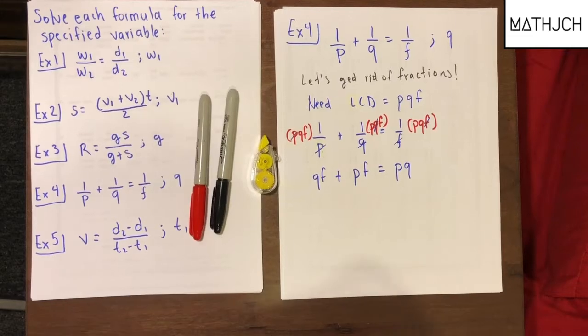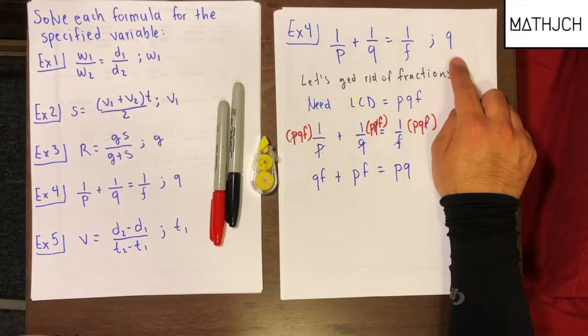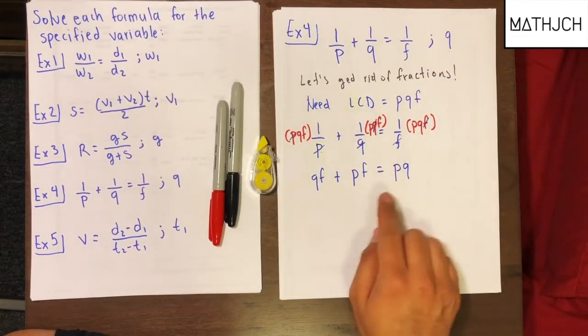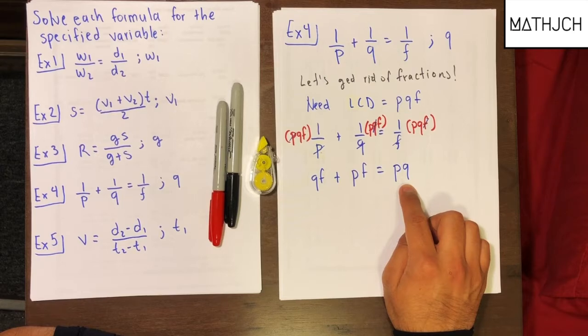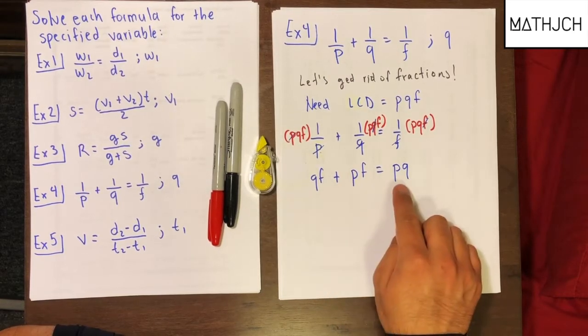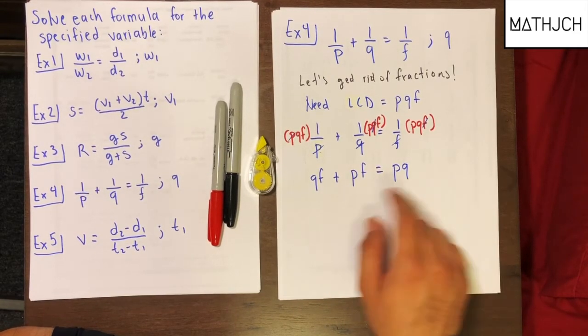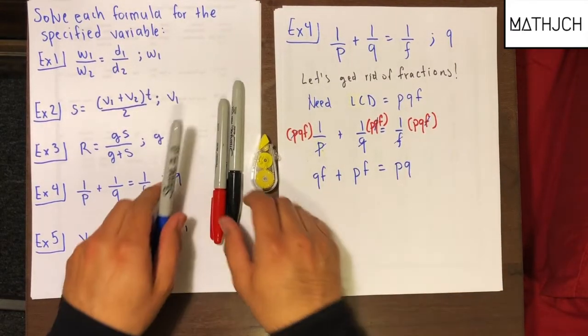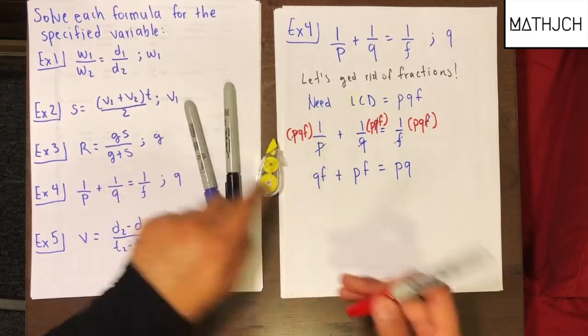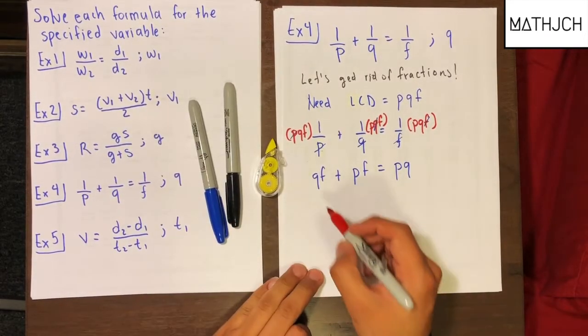Okay? Now, we have to solve for Q. But notice, I have Q in this term and I have Q in this term as well. That means that we need to put the two terms that have Q on the same side. So let's move this QF to the other side. So QF is automatically positive.